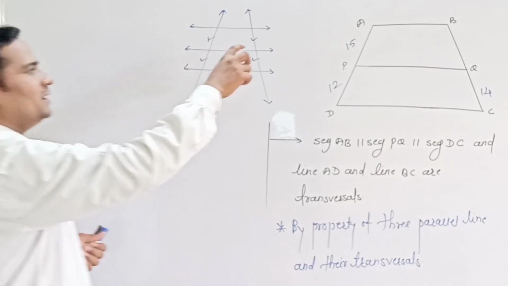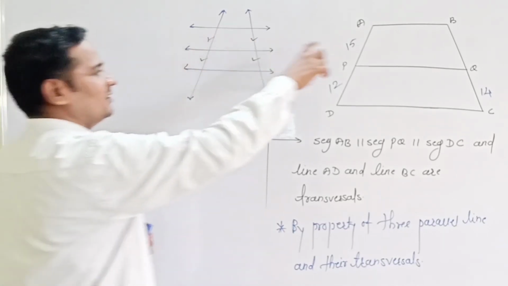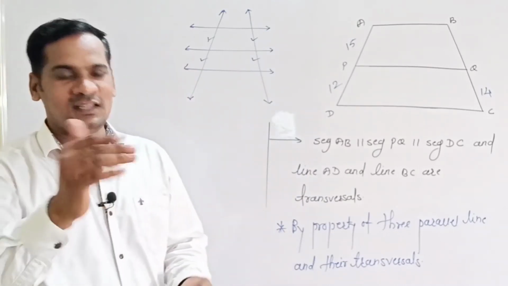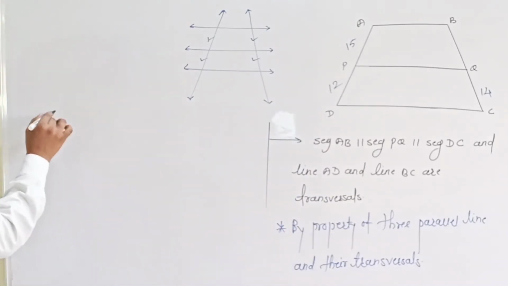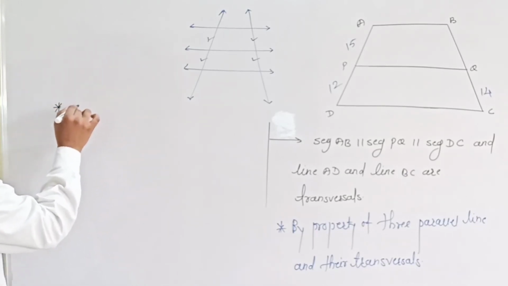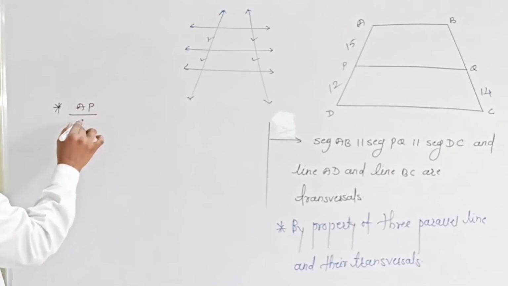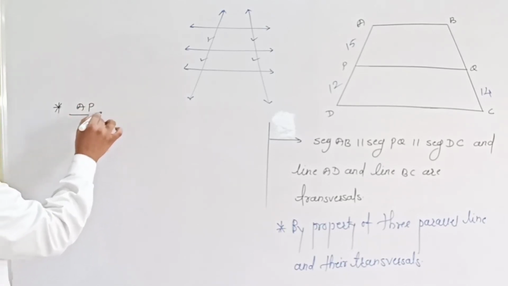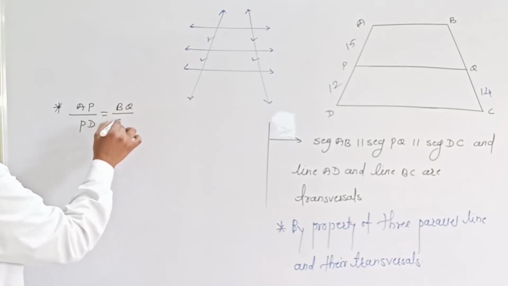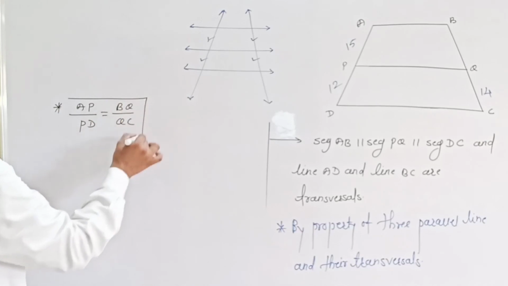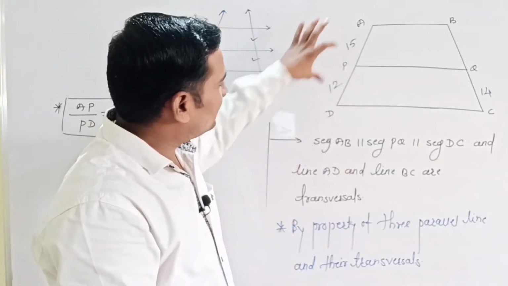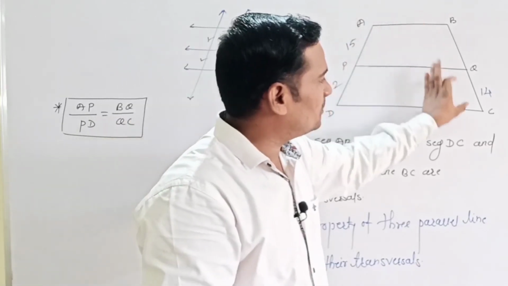The ratio of intercepts made on the first transversal is equal to the ratio of intercepts made on the second transversal. So we can write like this: AP upon PD is equal to BQ upon QC. Look at these two ratios. Which two ratios are here? AP upon PD is equal to BQ upon QC.